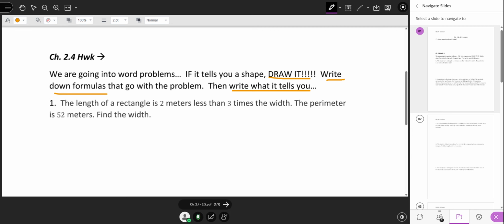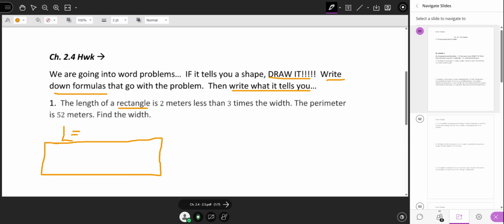Okay? The length of a rectangle. Rectangle tells you a shape. Draw the shape. Says the length. Length is usually the side that lays down.